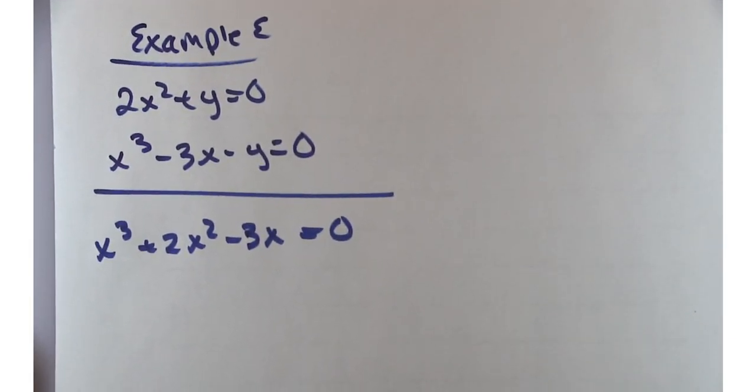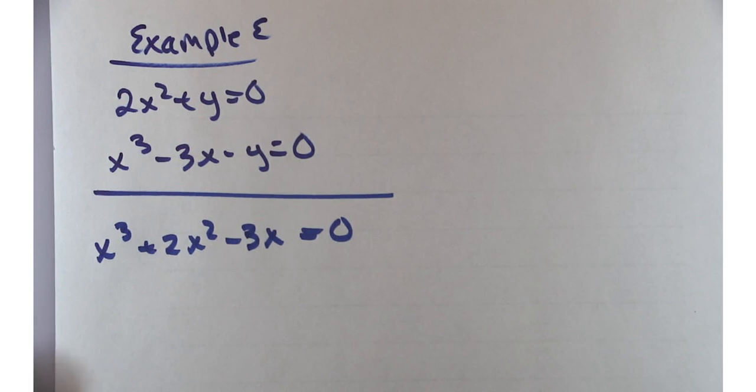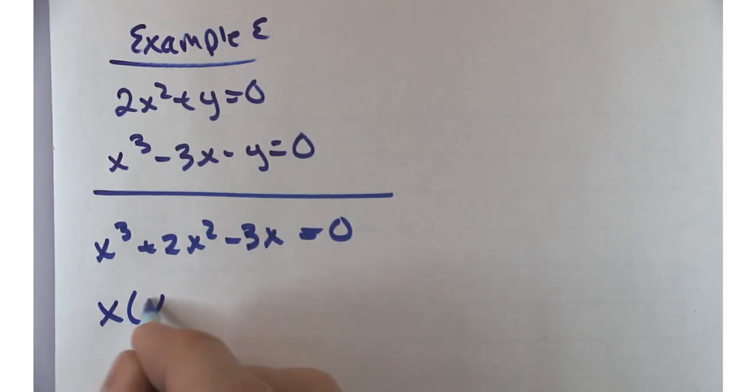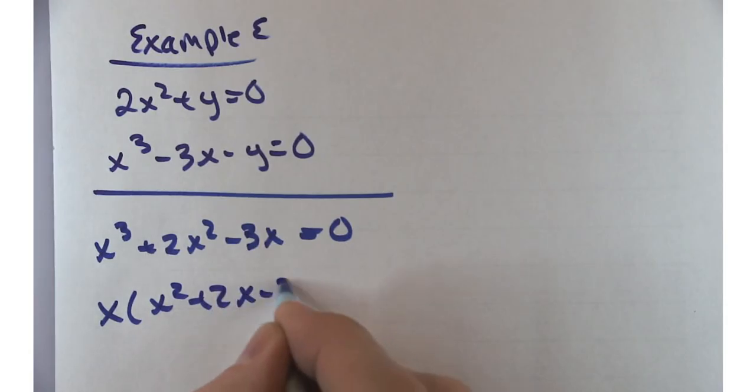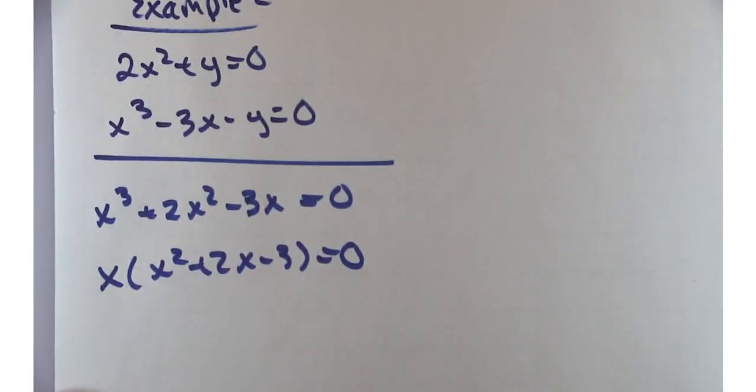What would you do to solve this? Is this going all the way back to our chapter 3 work? Polynomials? Oh yeah, kicking it old school. All right, but this one's not so bad, is it? What's a little bit more user friendly about this one? One thing you could do is move the one x out to get x squared plus 2x minus 3. All right, so we'll factor out the x.